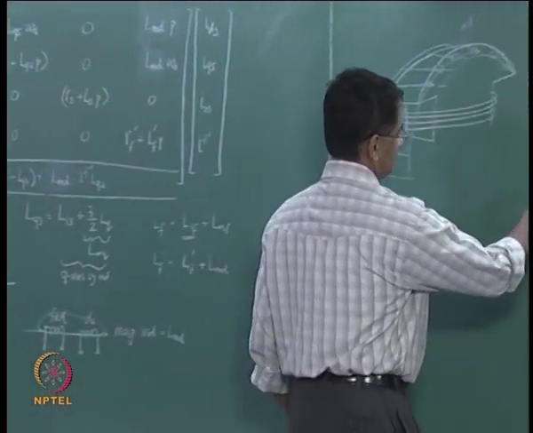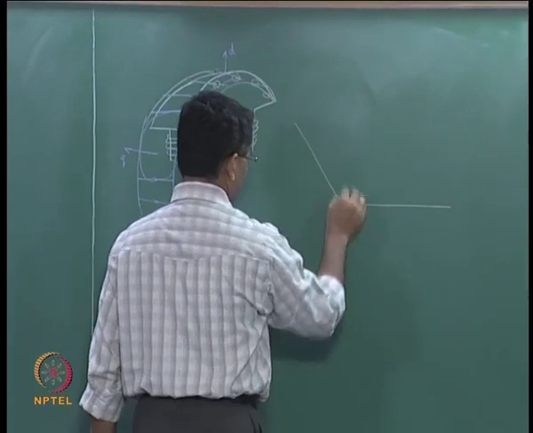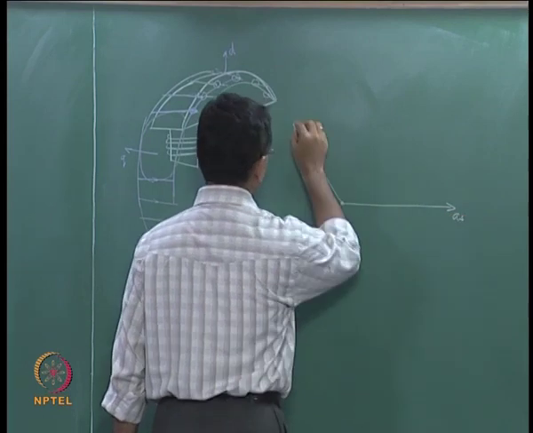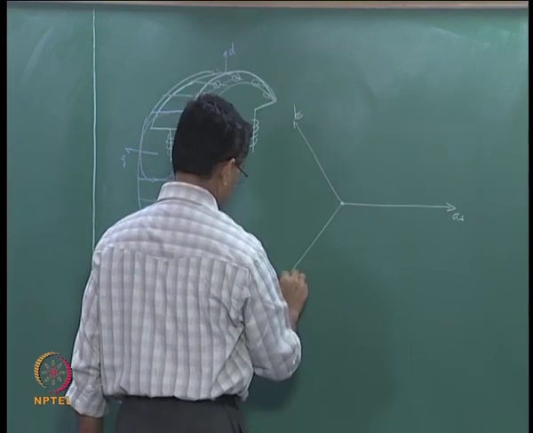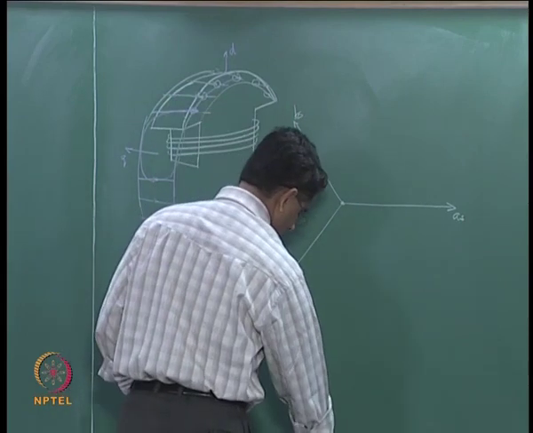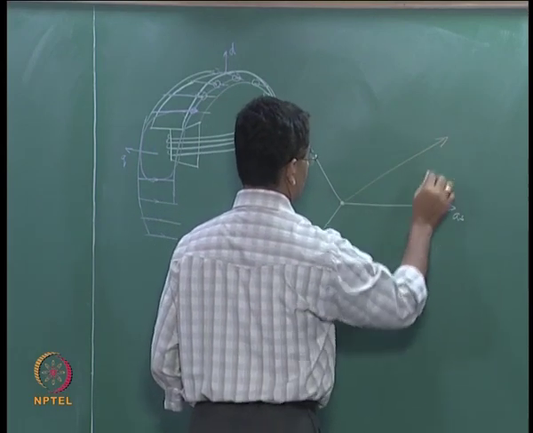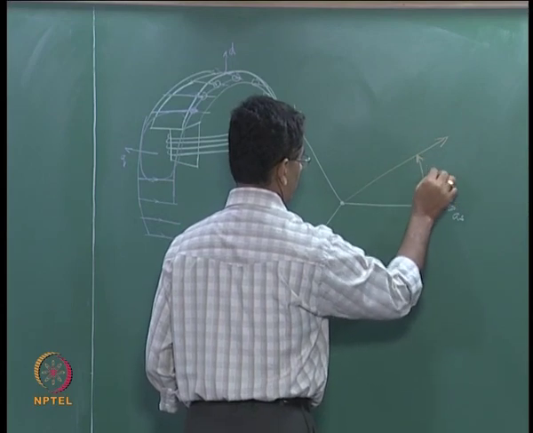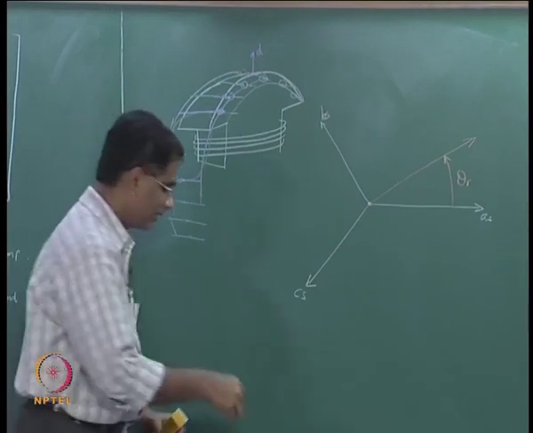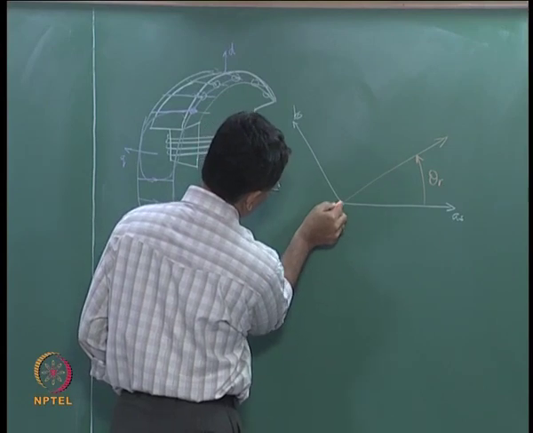Let us draw the stator axis. So, this is your AS axis, BS, and then the CS axis, and then you have the rotor axis. So, let us say this is the axis of the rotor. So, you have the rotor angle, and along 90 degrees to this axis you have the quadrature axis of the rotor.